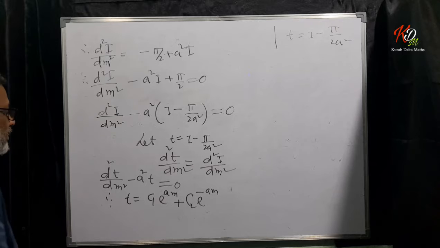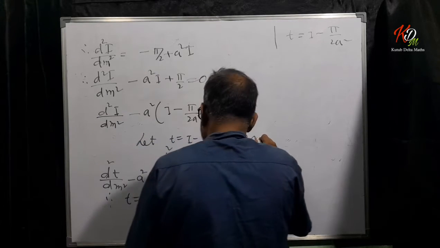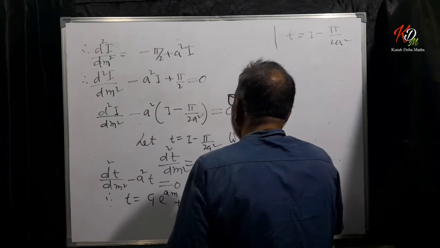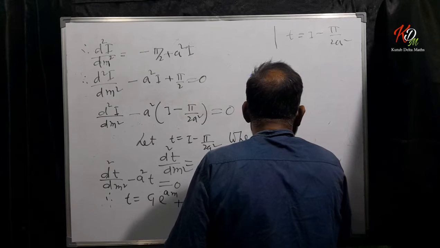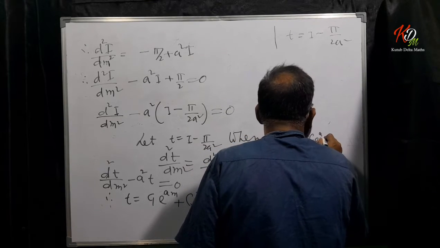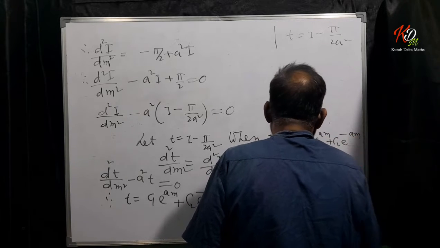Now putting the values of t, I minus pi by 2a square equals c1 e to the power am plus c2 e to the power minus am.